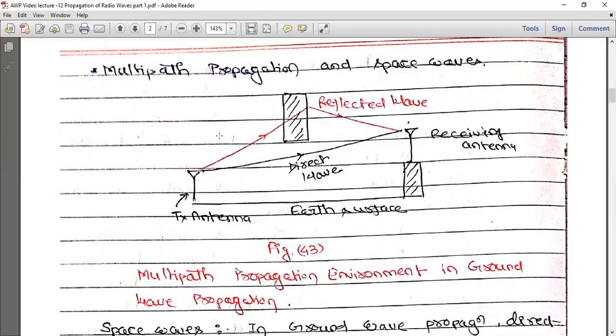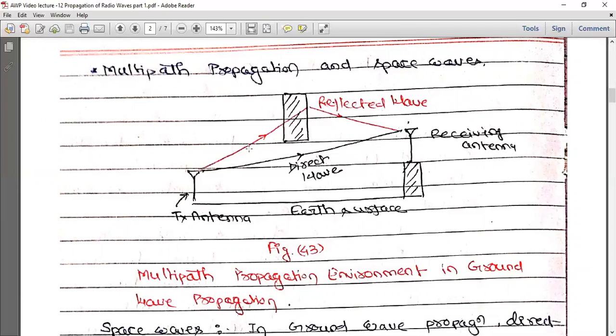There may also be bending of electromagnetic waves from their normal due to variation in the density of the medium, as we already know. Then there will be a refracted wave, and there can be different phenomena in between.